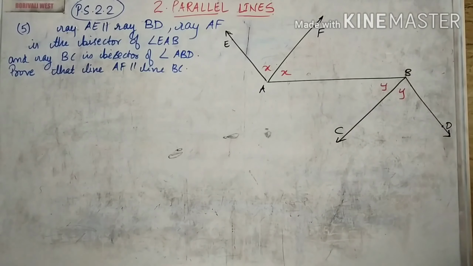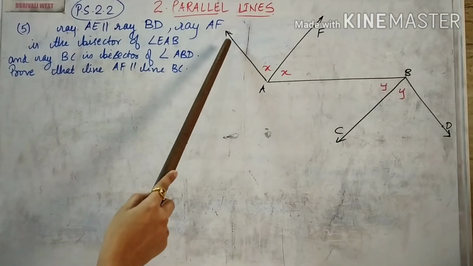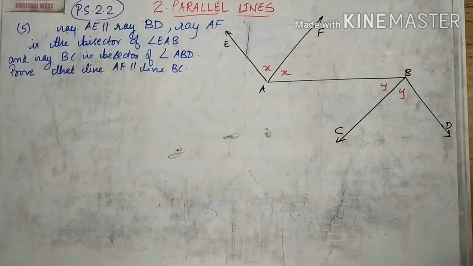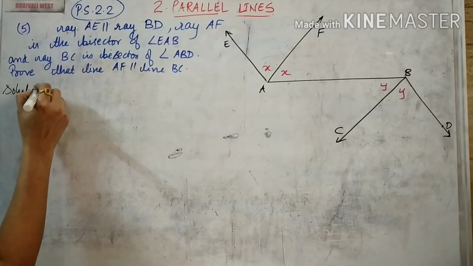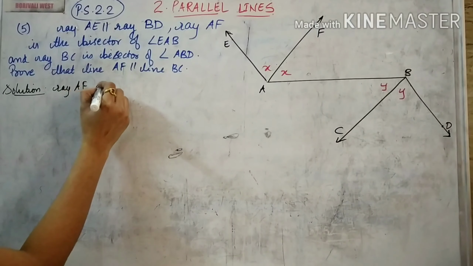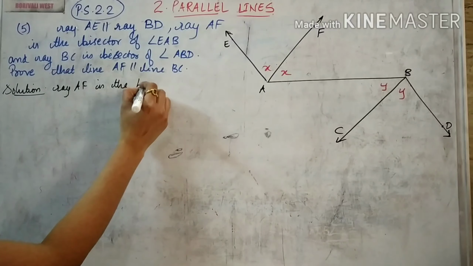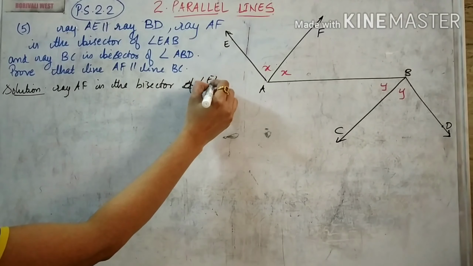The first thing that we see here is that AF is a bisector. Therefore, I'll write down solution. Ray AF is the bisector of angle EAB.